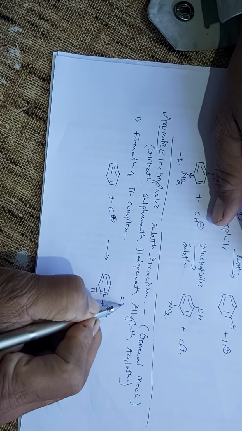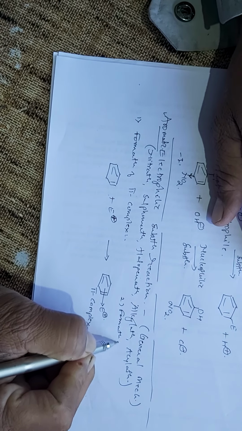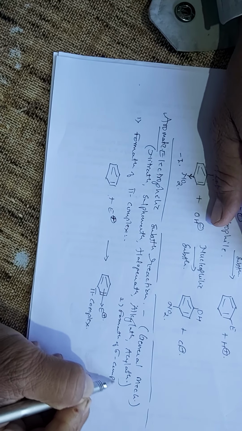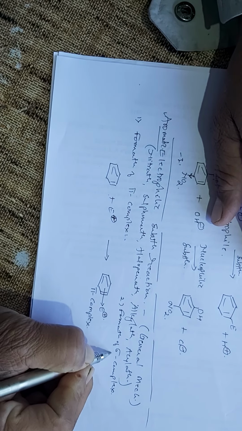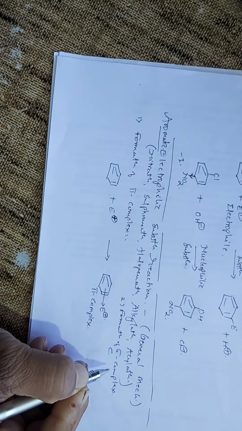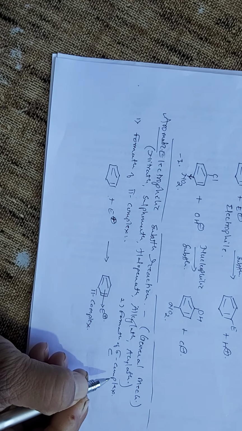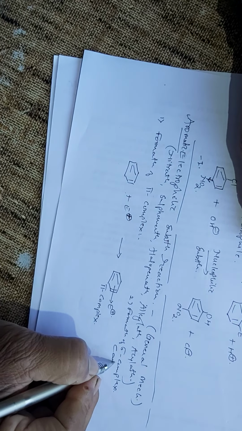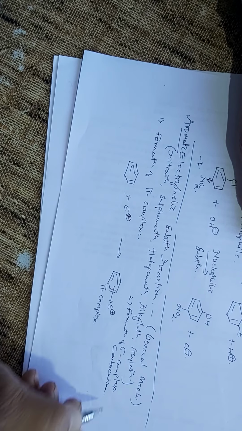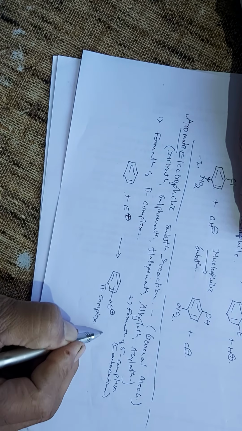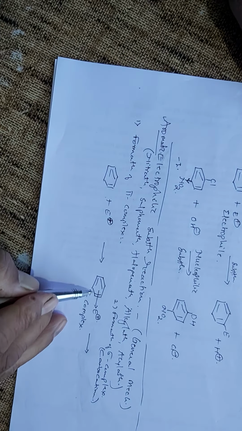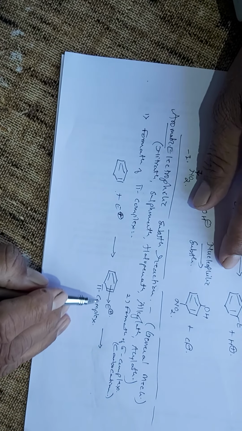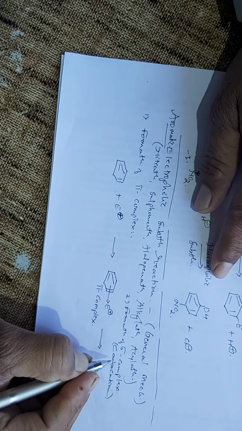The second step is the formation of the sigma complex, where, as benzene donates the electron pair, you get the formation of a carbocation. As they come very close to each other, they get attached, and this electrostatic attraction gets converted into a sigma bond.